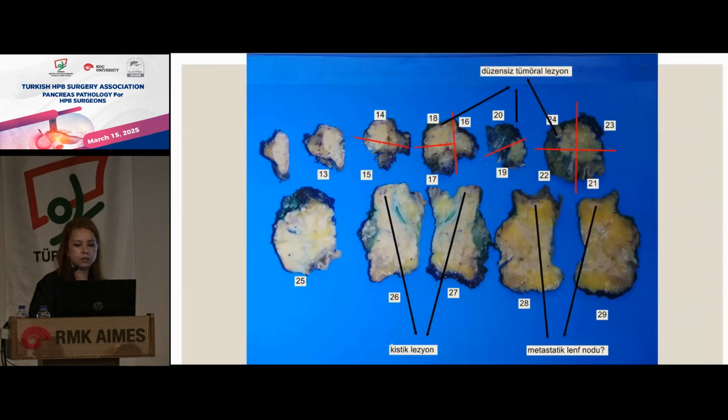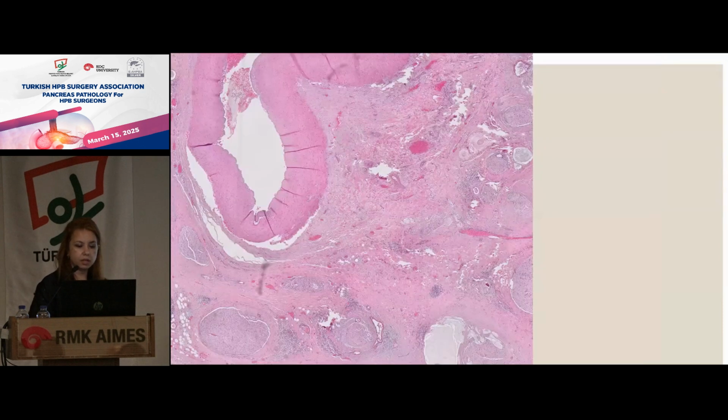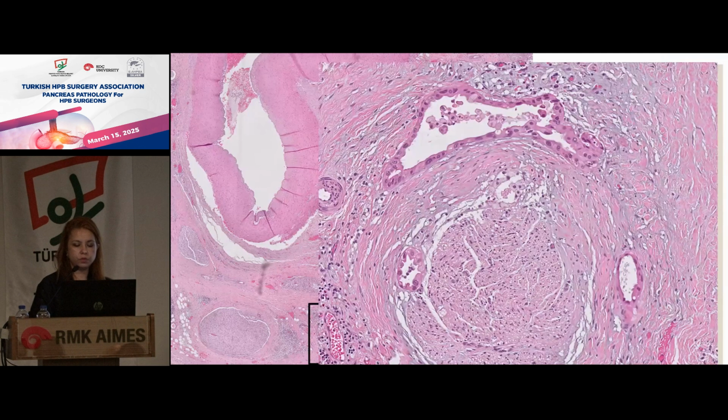When we look at the macroscopic evaluation, even in the resection specimen, the lesion boundaries are not clear, indistinguishable, and within such a large tumor tissue area, we have only a few adenocarcinoma clusters around the nerve. Therefore, the likelihood of the needle capturing these is very low.